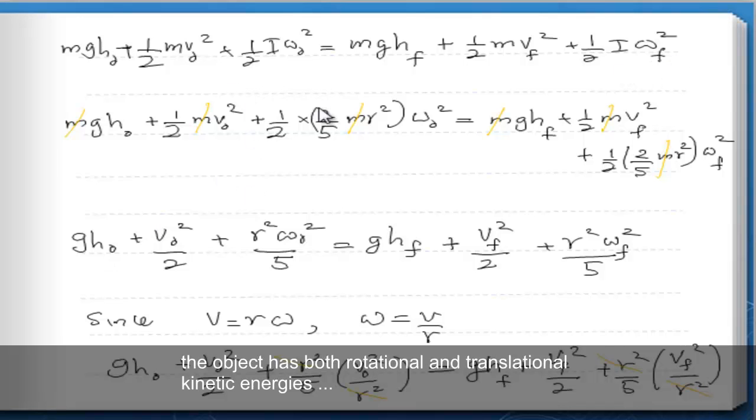So then we can substitute I, which is 2 over 5 mr squared, at both places. So once I is substituted, we can divide the equation by m. So m is not necessary to find the final speed.